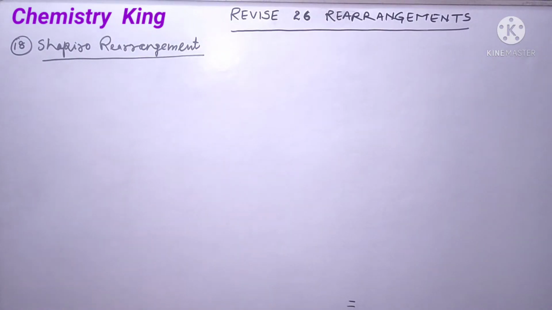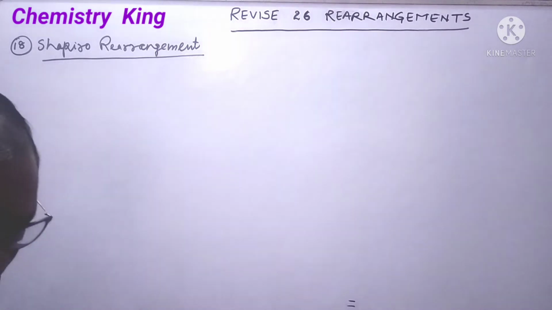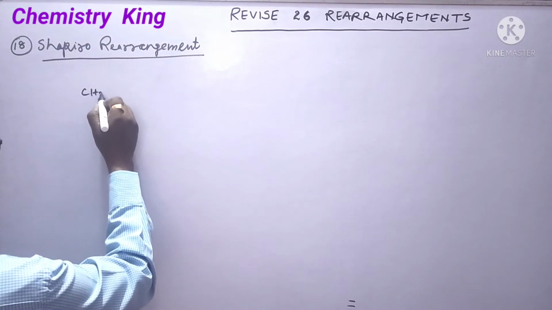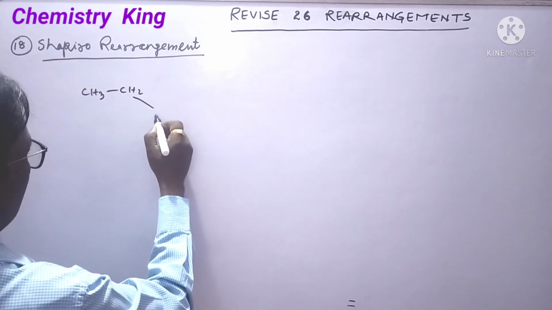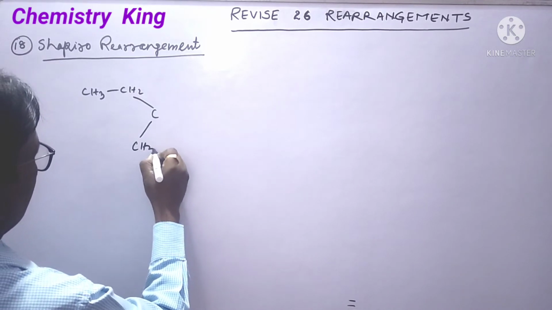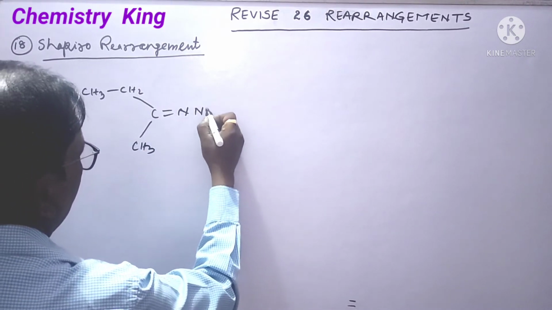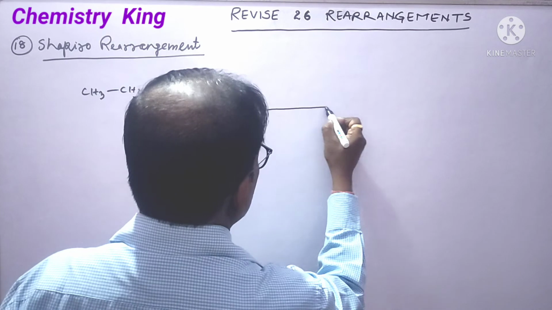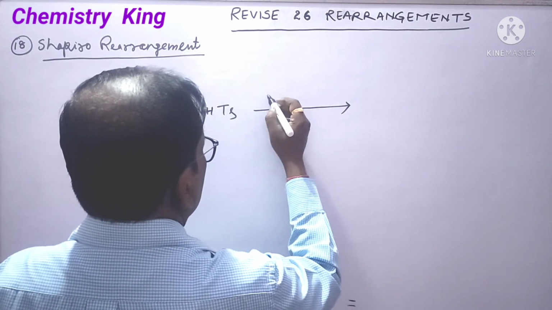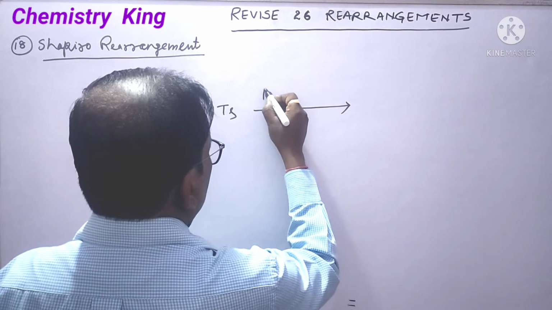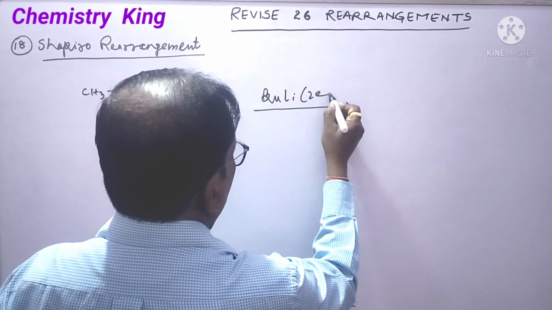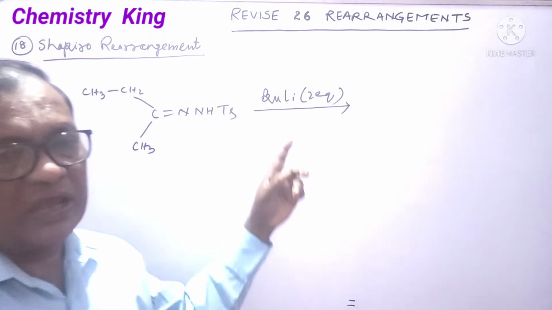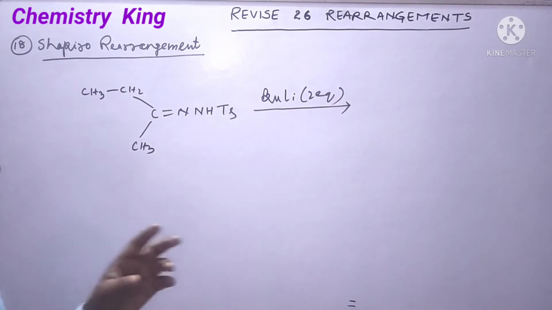Number 18, Shapiro rearrangement. When tosylhydrazone, CH3, CH2, CH3, double bond N, NH, Ts, is heated with base, that is butyl lithium, two equivalent, or any organometallic compound which acts as base, and generally we use butyl lithium.